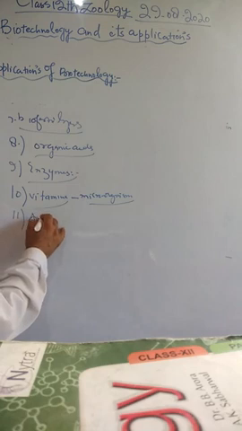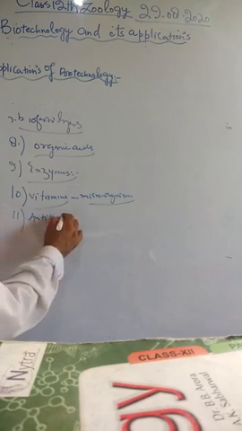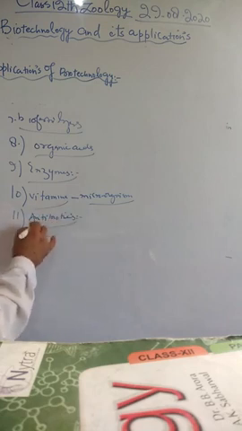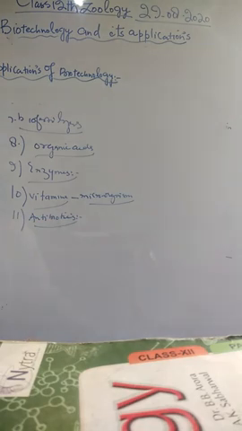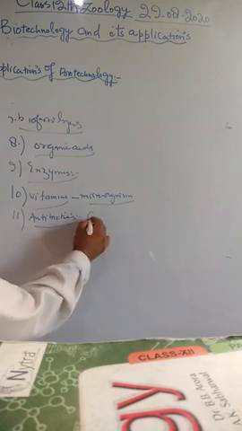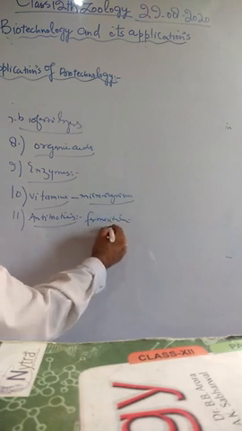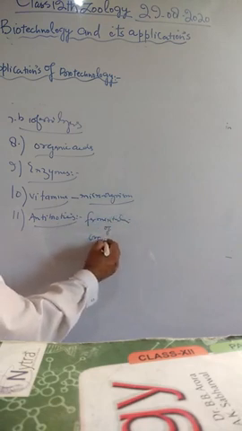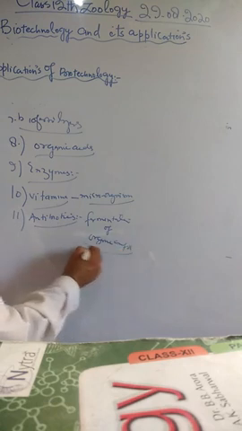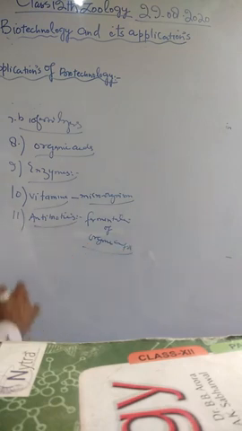So far as antibiotics are concerned, antibiotics are those substances which kill the pathogens. They are also derived from the fermentation of organic compounds. These antibiotics can be produced.